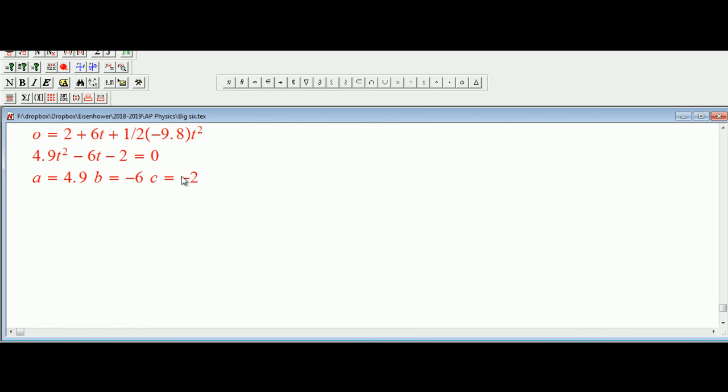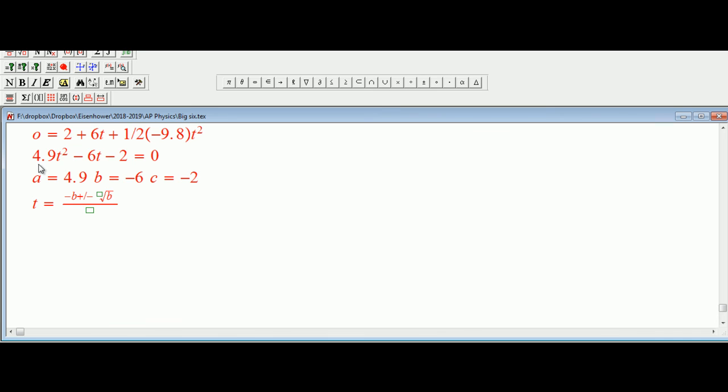So now we're going to insert the quadratic equation, which says t equals, since I'm looking for t, minus b plus or minus the square root of b squared minus 4ac, all over 2a. Let's make the whole thing a fraction.